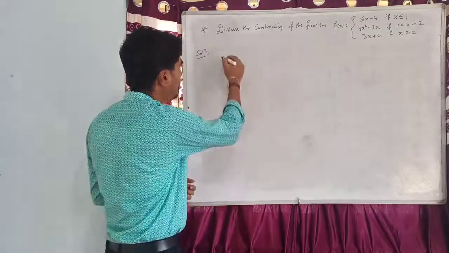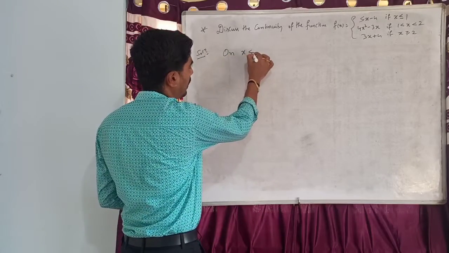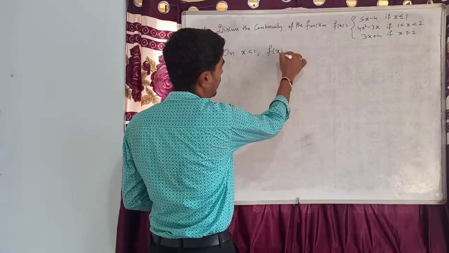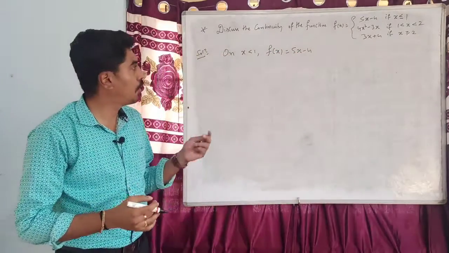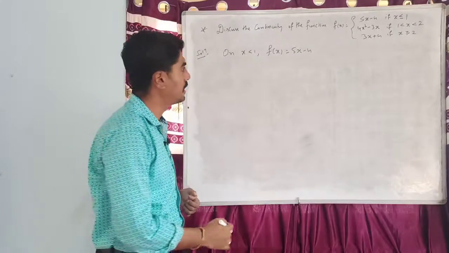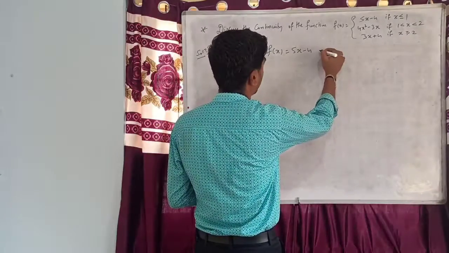So on x less than 1, f of x is 5x minus 4. This being a polynomial function is continuous.